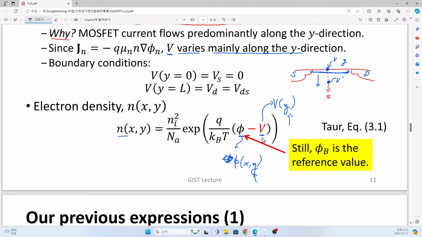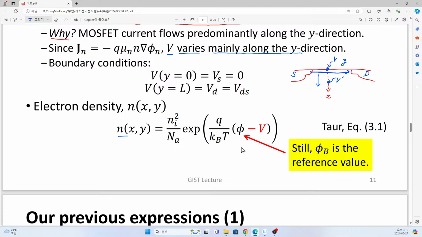Wow! So we have quite a similar expression for electron density, just like the 1D problem. The only difference is that our electron density is now modulated by this additional electron quasi-Fermi potential. That is the key difference. So I highlighted it here with red color.